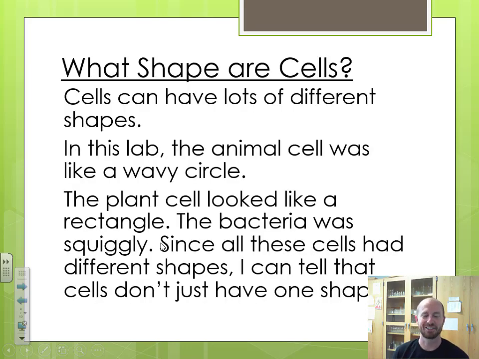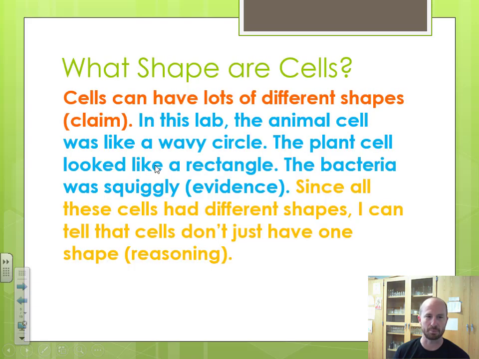All right, so what shape are cells? Well, cells can have a lot of different shapes, and in a lab, the animal cell was like a wavy circle, but the plant cell looked like a rectangle. The bacteria was squiggly. Since all of these cells had different shapes, I can tell that cells don't just have one shape. So, here we go.